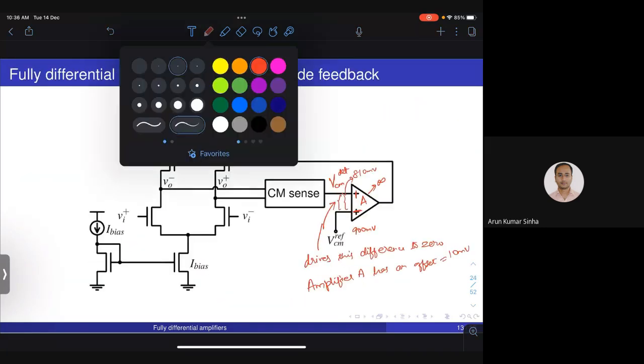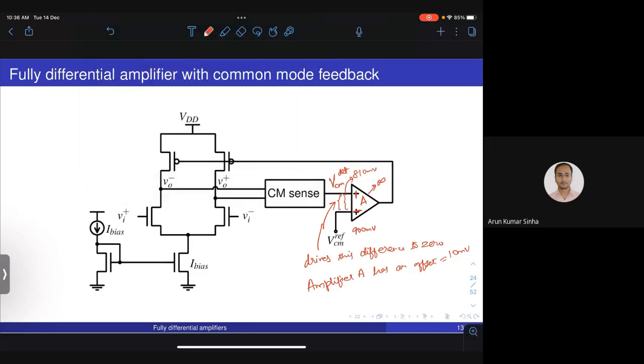So what is happening is, if you have an input signal at some frequency f, the detected common mode, because of the nonlinearity of the common mode sensor, will have harmonics of f, which will be at 2f, 3f, and so on.